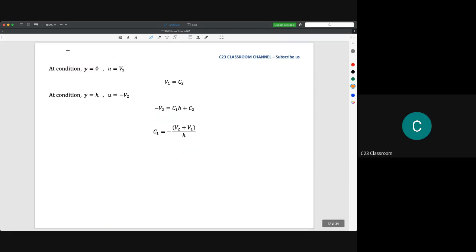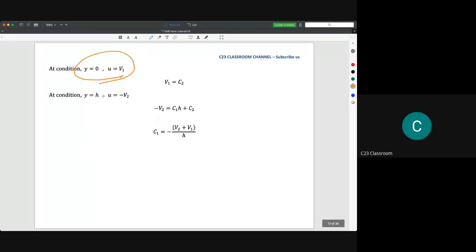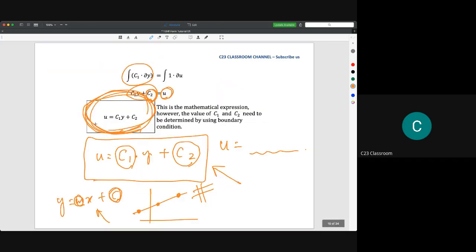Okay, let's say for y equal to 0 and u equal to v1, we substitute into the equation. Okay, we could get v1 is equal to c2. And then we calculate with the second boundary condition. If y equal to h, u equal to minus v2, we substitute into this equation.